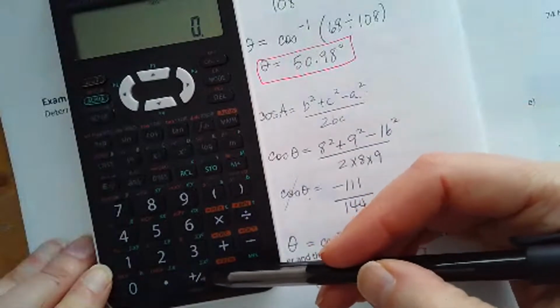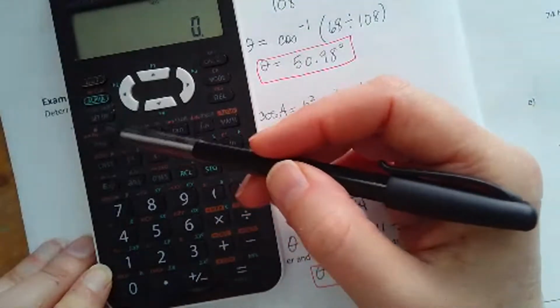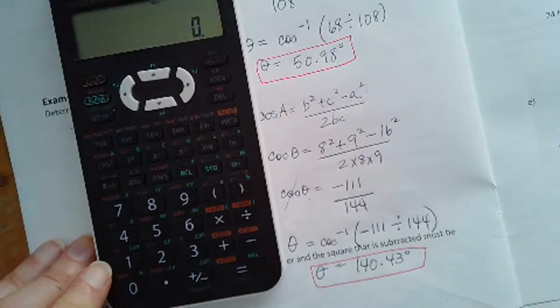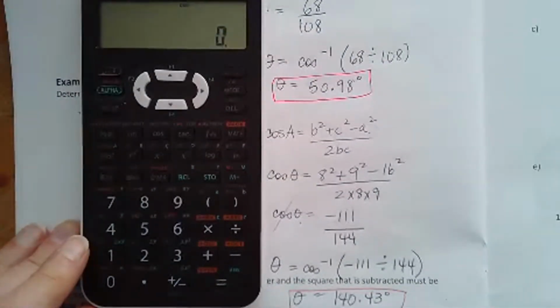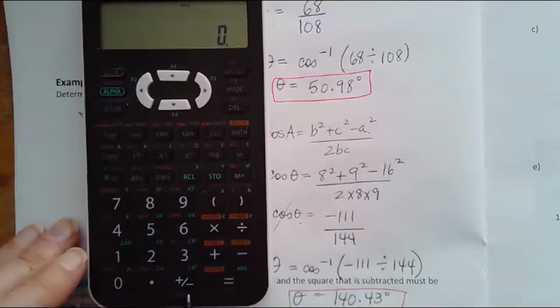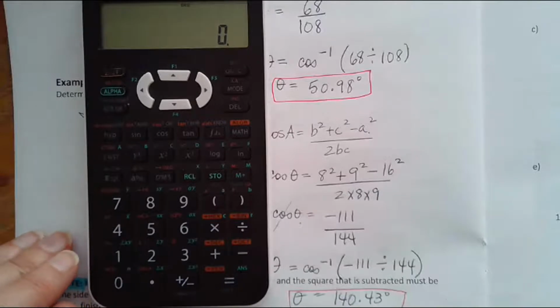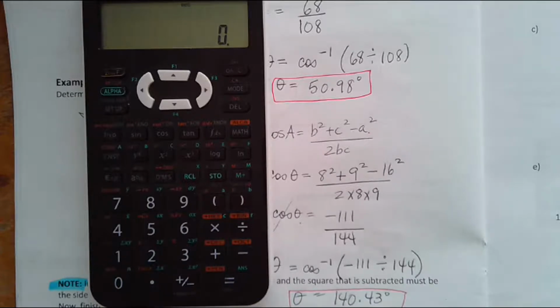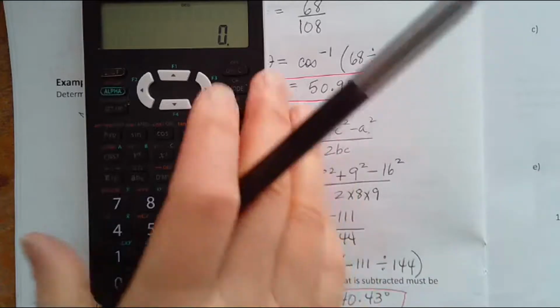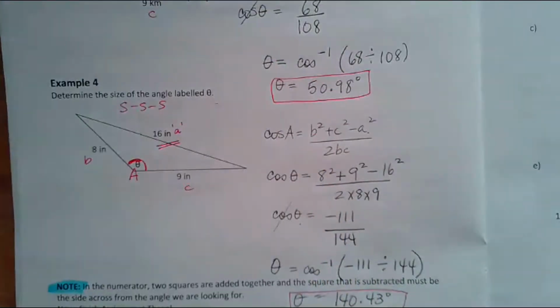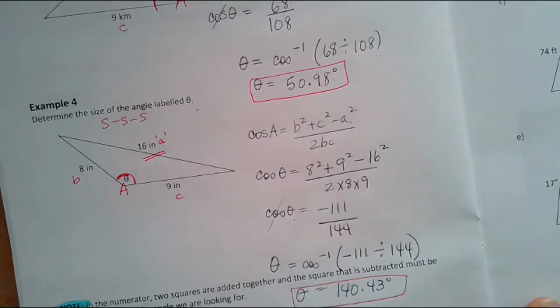Quite often they're at the bottom, sometimes at the side. Let me know if you found it. Did you find the negative button? Okay, good.